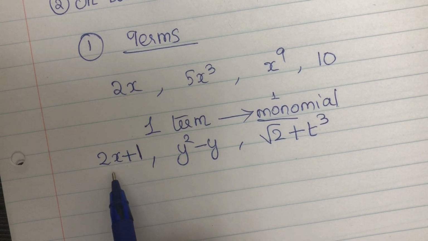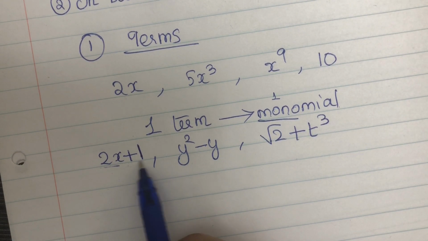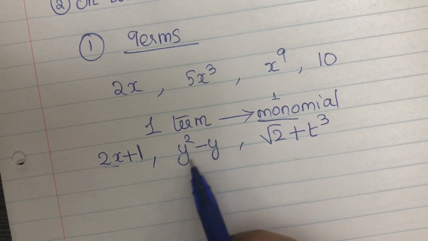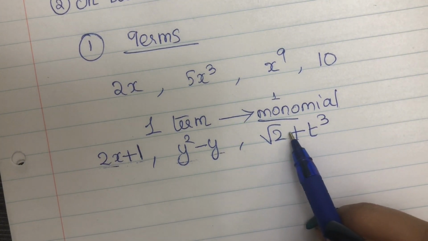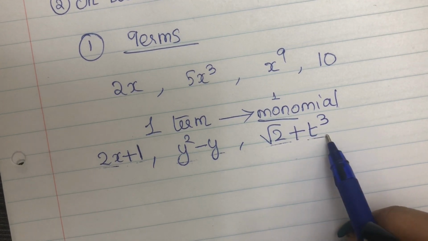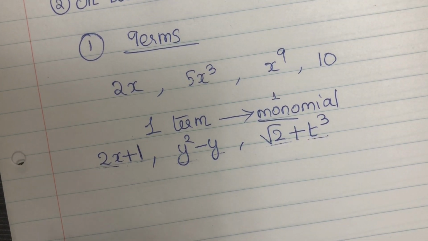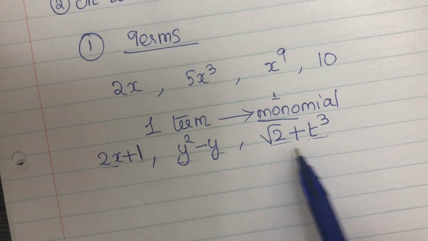So here it is separated by plus. So this is a term and this is also a term. Here also it is separated by minus. So this is a term and this is also a term. Here it's separated by plus. So this is a term and this is also a term. So how many terms do we have? Here we have two terms. Here we have two terms. Here we have two terms.